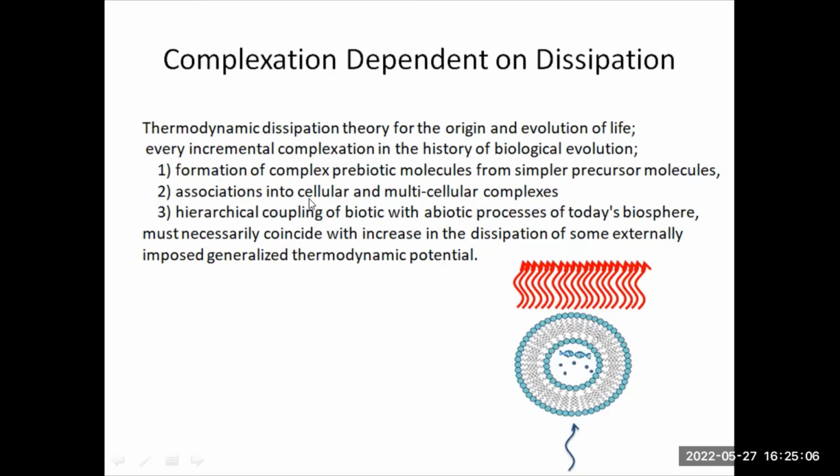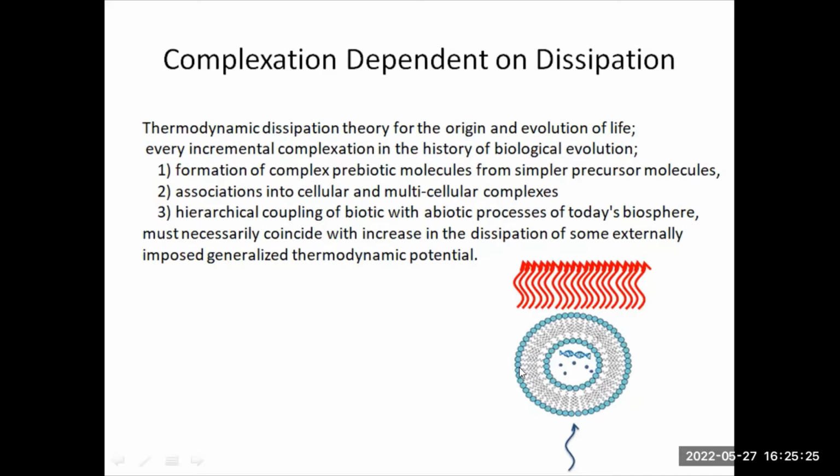And their association into cellular or multicellular complexes, that is also a complexation. So if they associate themselves in this kind of a system, a vesicle, then there has to be an increase in dissipation.